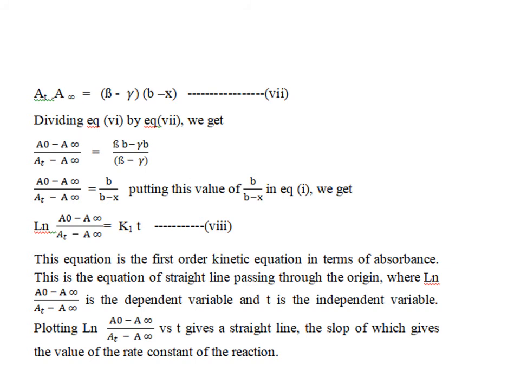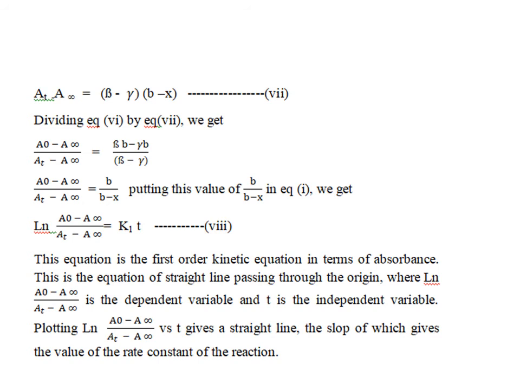Then the above equation becomes absorbance at initial conditions, A_0, minus absorbance at infinity, A_infinity, over absorbance at any time t, A_t, minus absorbance at infinity, A_infinity, that will be equal to b over (b minus x).